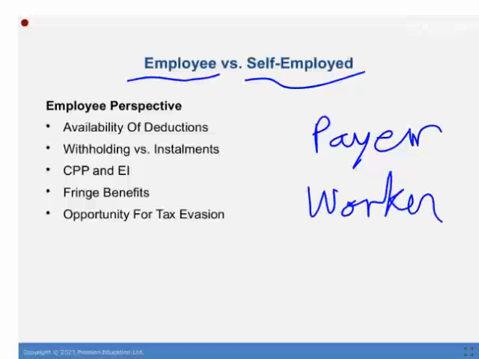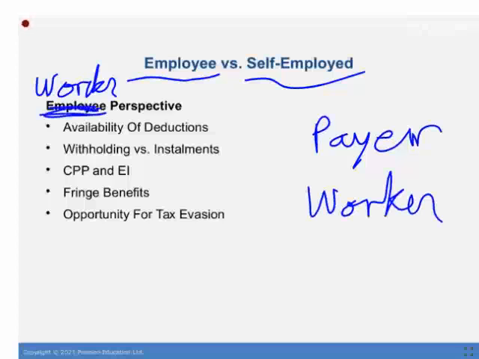We have to determine what that relationship is. So from the worker's perspective, they may be motivated to be considered self-employed instead of an employee.